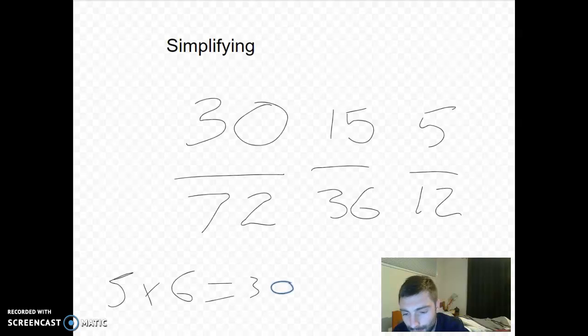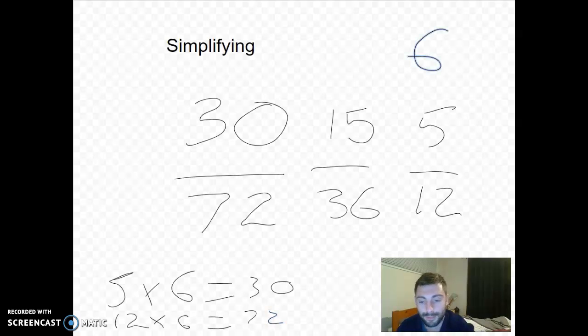And yeah, 12 times 6, or 6 12s, does make 72. So for this one, our common factor was 6, because we times both our numbers by 6. And there you have it. That's simplifying.